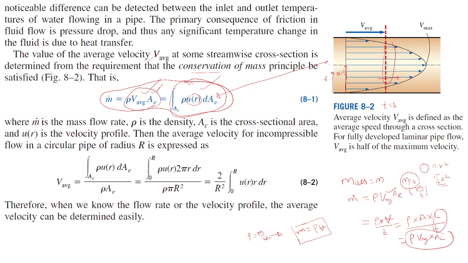As r is changing, the velocity is changing here, but here we have written the average thing. So the general meaning is that if we calculate the mass flow rate using the average, and if you calculate the mass flow rate using this, both should be equal, then the law of conservation of mass will be followed.